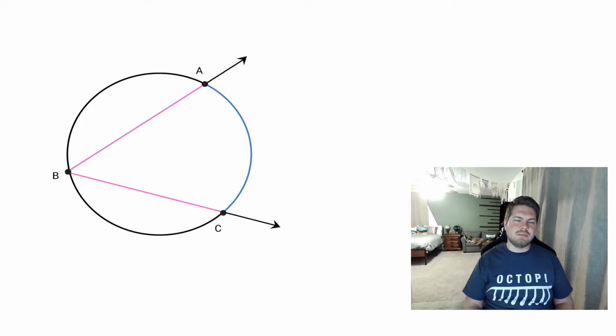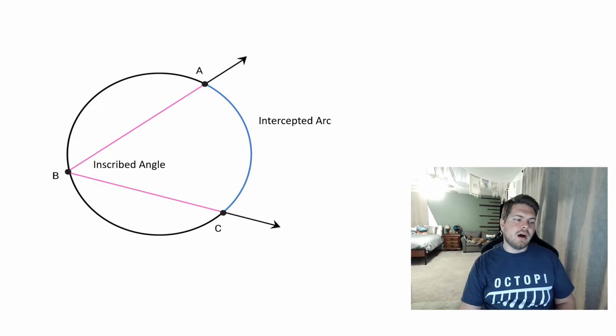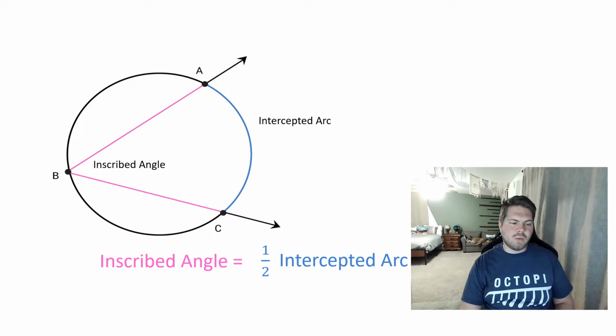This is going to be about inscribed angles and inscribed or intercepted arcs. If you watched the previous video, basically an inscribed angle is 1/2 of the intercepted arc when it comes to degrees, which you'll see more when we do some practice problems.